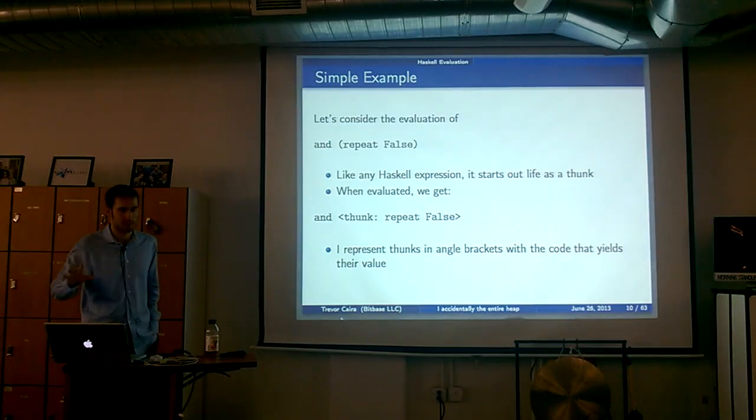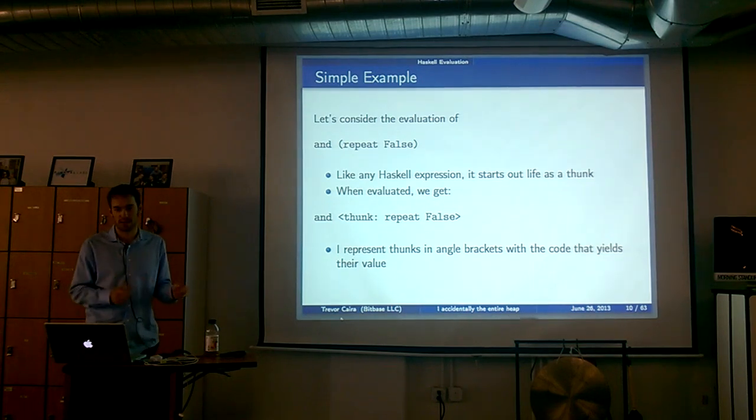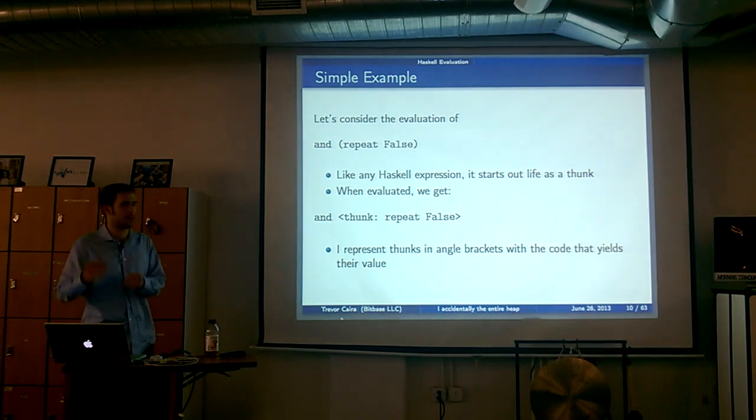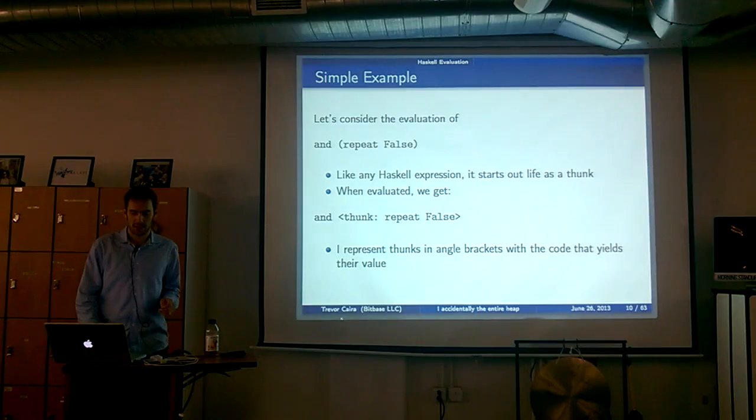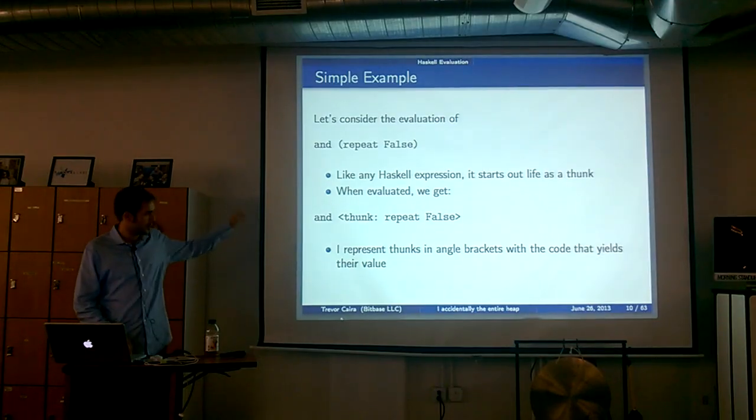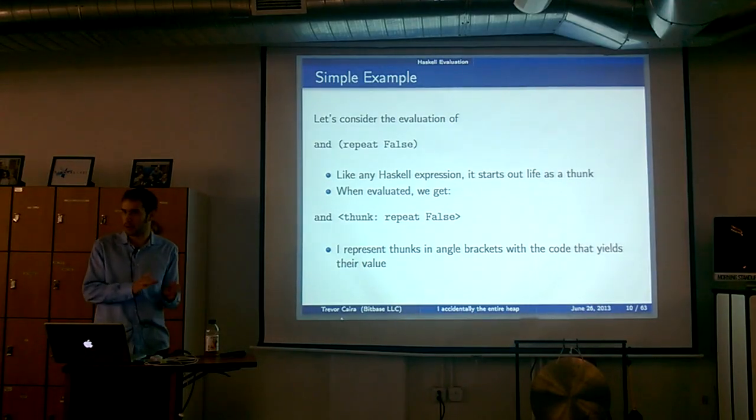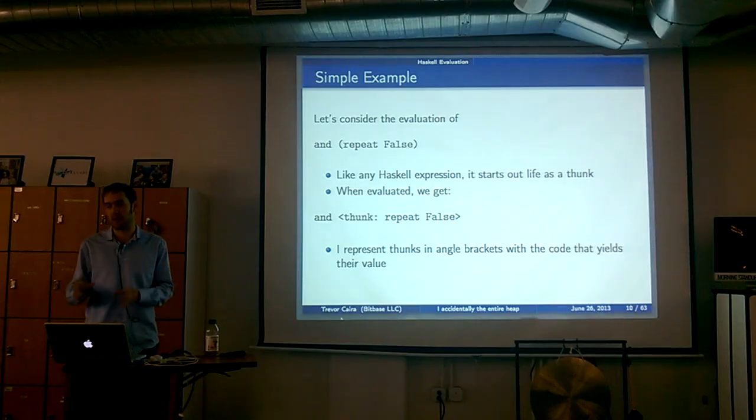Like any Haskell expression ever, and (repeat False) starts out as a thunk, which when evaluated gives us ultimately False, but unpacks the and first. But note that if it was never referred to, or for whatever reason wasn't forced, it would just stay as a thunk, right? If it wasn't forced beyond that.